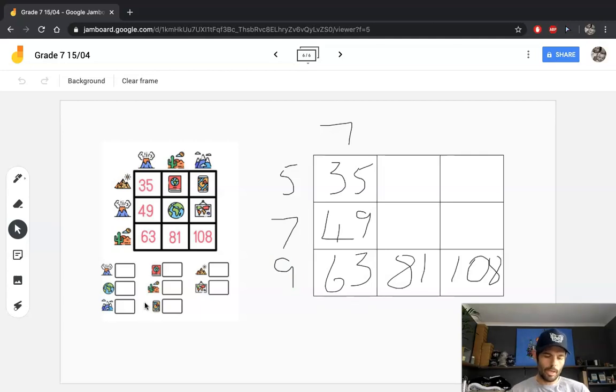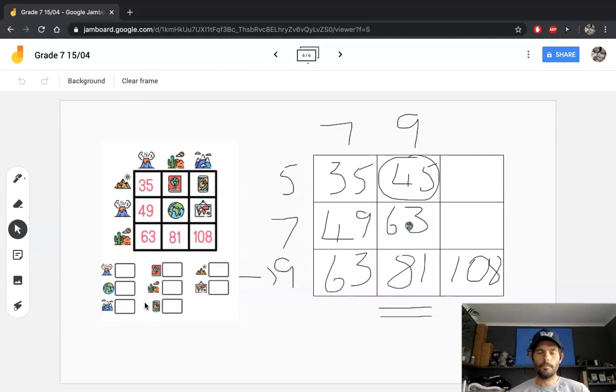Okay, I then recognize that what can I multiply this 9 by to get to the 81, and that's going to be 9 at the top. Okay, and then to get this answer here, I went 5 times 9 is 45. To get the middle block, I went 7 times 9 is 63.